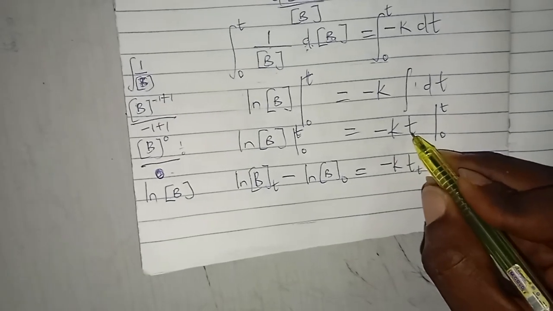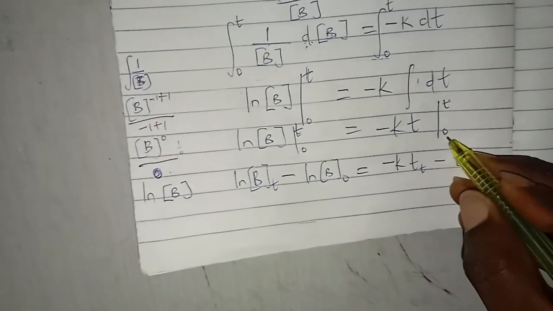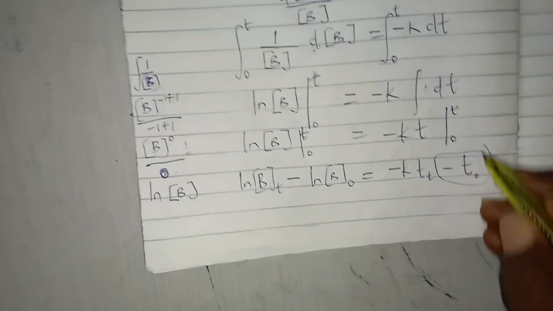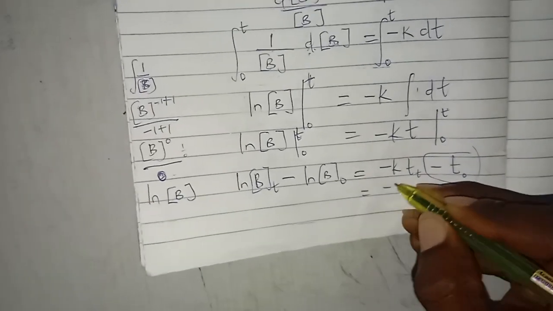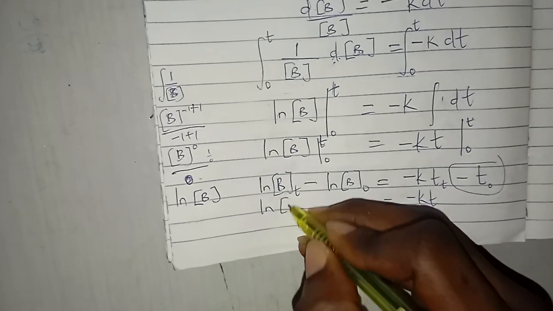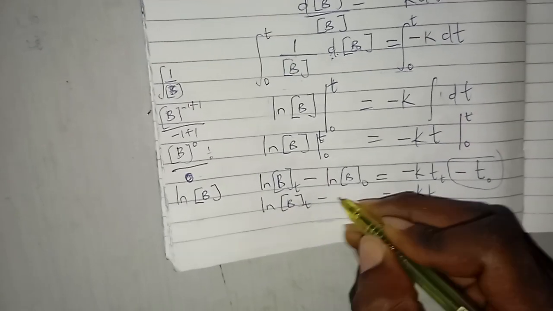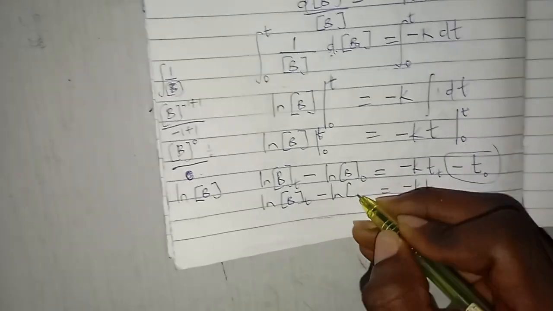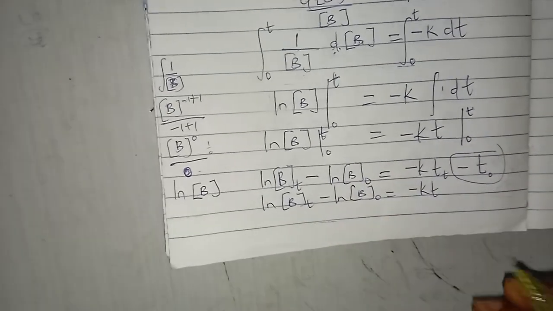So T at T and T at 0. Notice that T at 0 is 0. So I just have minus KT equals ln of B at T minus ln of the initial concentration of B.